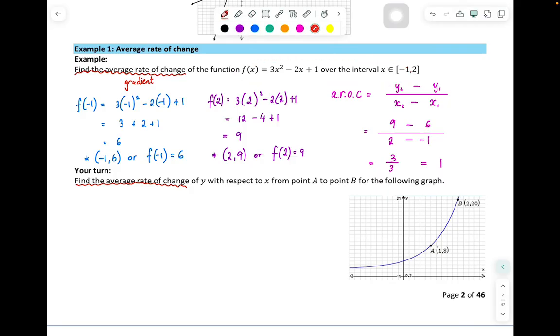And that's absolutely fine because we can just use our coordinates. Again, setting up your formula. Then making the substitution.